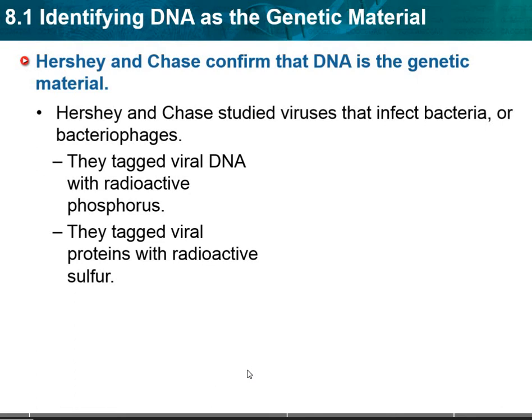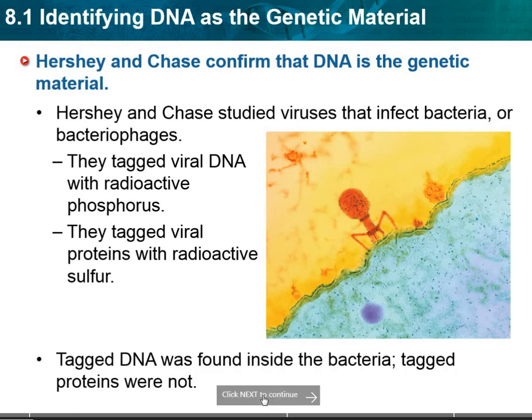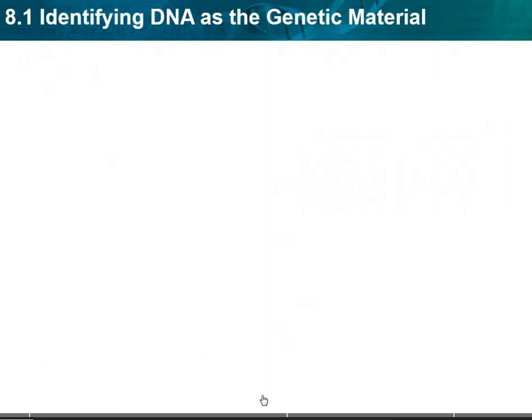When they found the bacteria at the end, they saw that it was the radioactive signature for the DNA that was in there, and so they said that DNA is what carried genetic information once and for all.